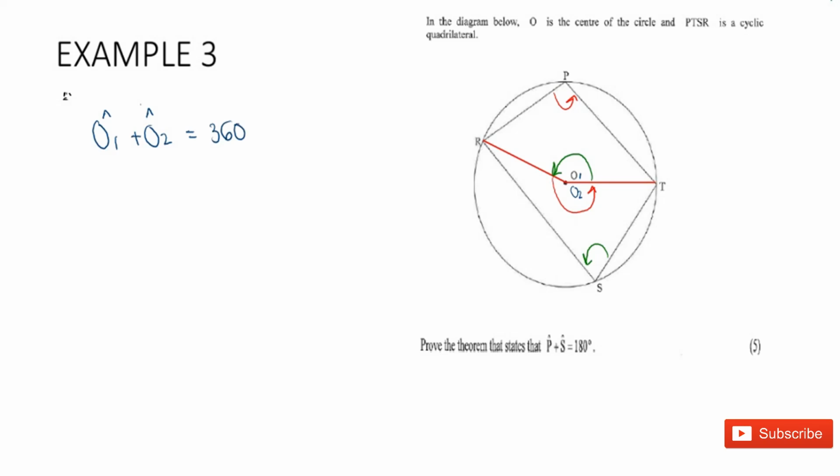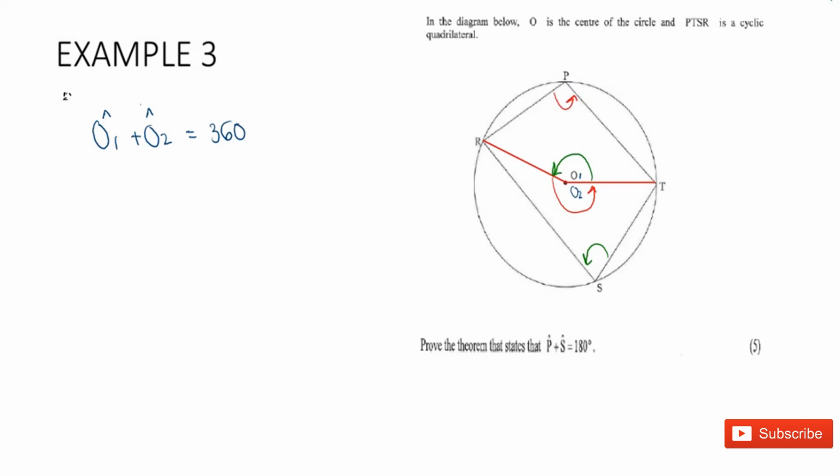Okay, and then guys, what else did I just highlight? Because we've got angles at the center, that highlights the theorem that the angle at the center is equal to 2 times the angle at the circumference. So we're going to write that down.